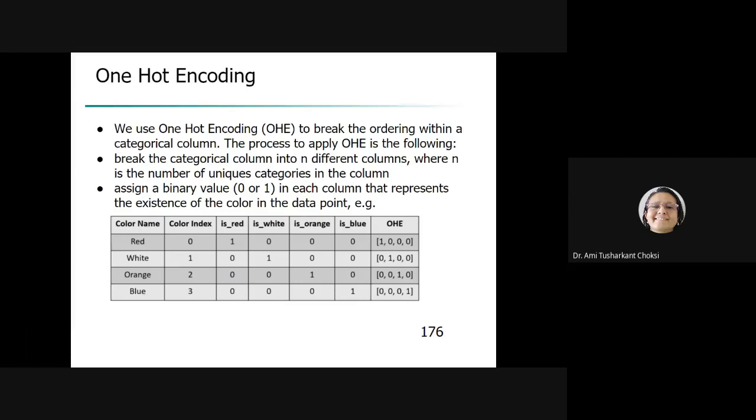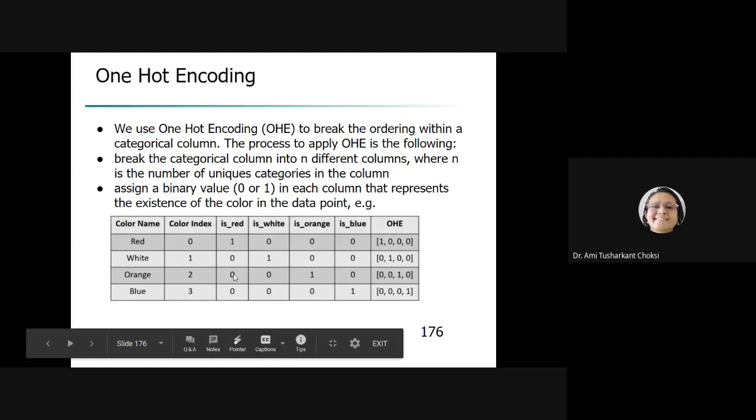That's what we are not using here. Here we just have to give the binary value, that is 0 or 1. So for orange it will be 0, 0, 1, 0. And for blue it will be 0, 0, 0, 1. Right? So this is called one hot encoding.